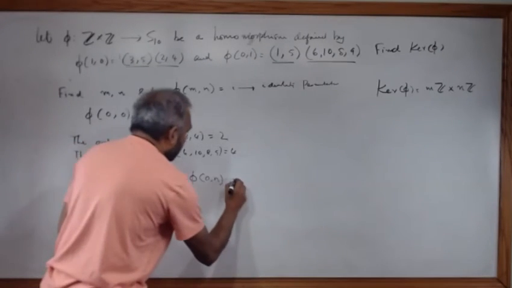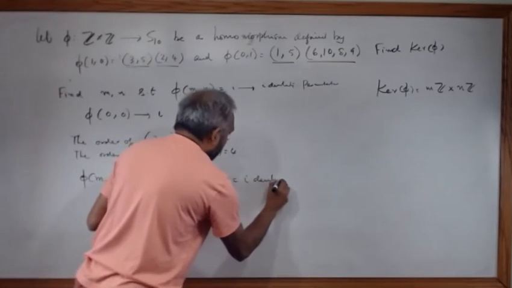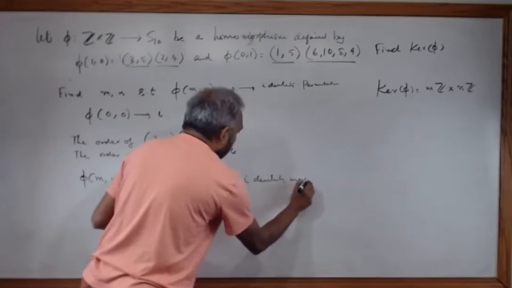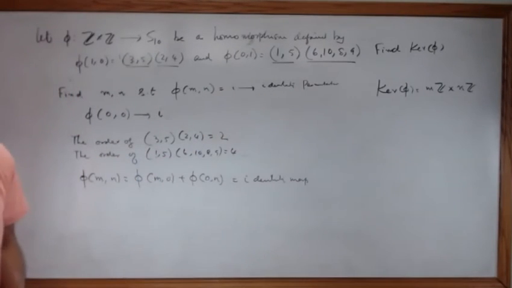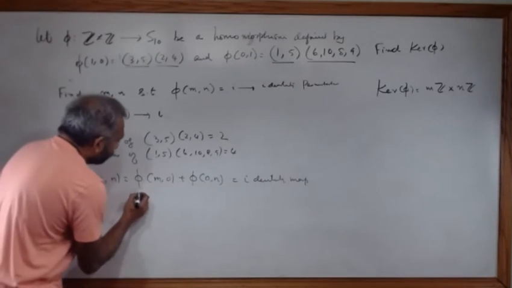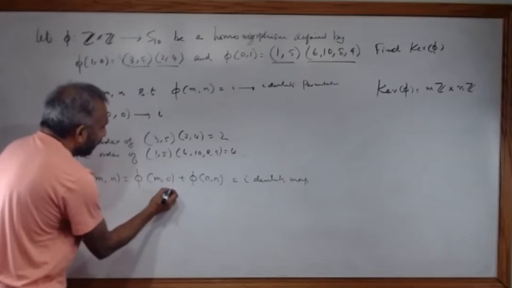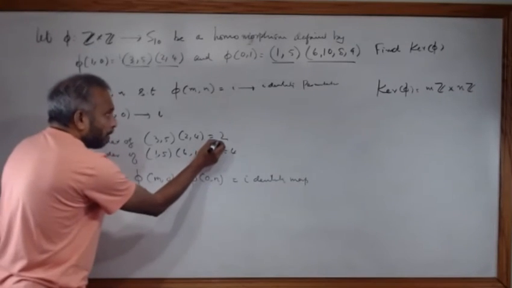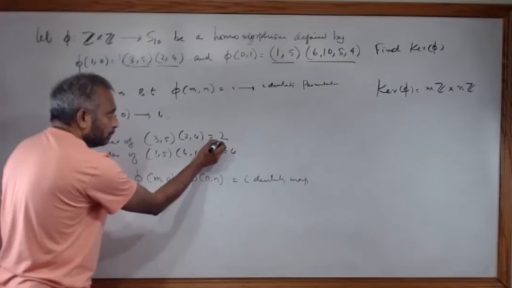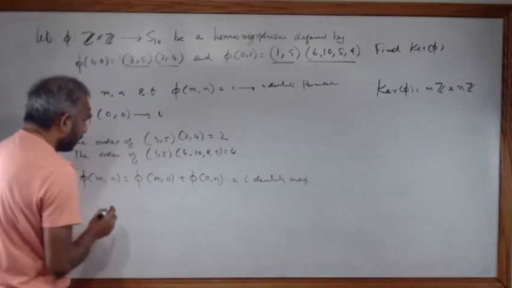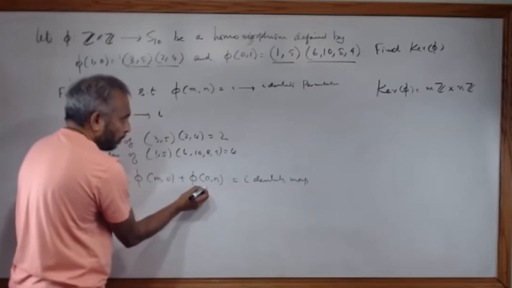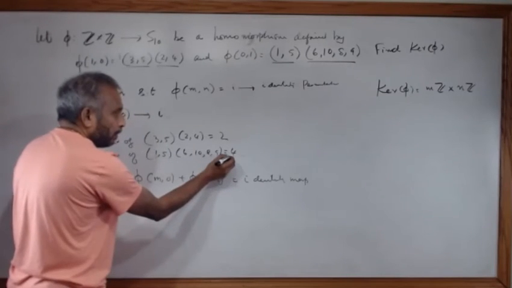This has to be the identity map. So this will become 0 whenever m becomes a multiple of 2, and this will become 0 when n becomes a multiple of 4.